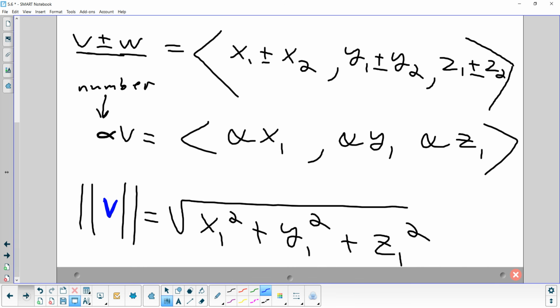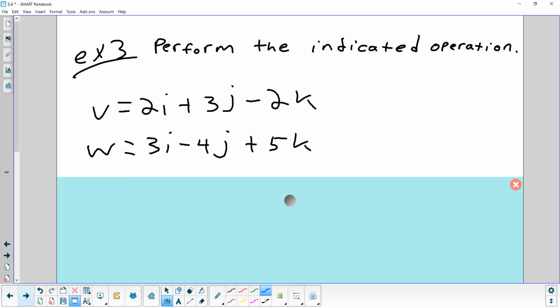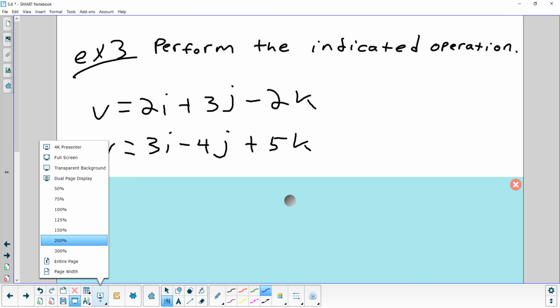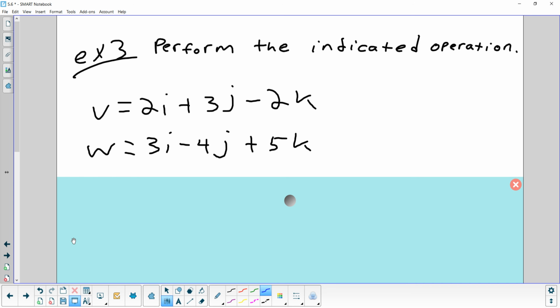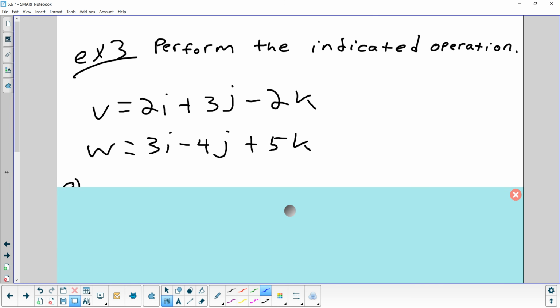So, all right, let's try a couple examples. So here are my two vectors. V is 2i plus 3j minus 2k. And W is 3i minus 4j plus 5k.